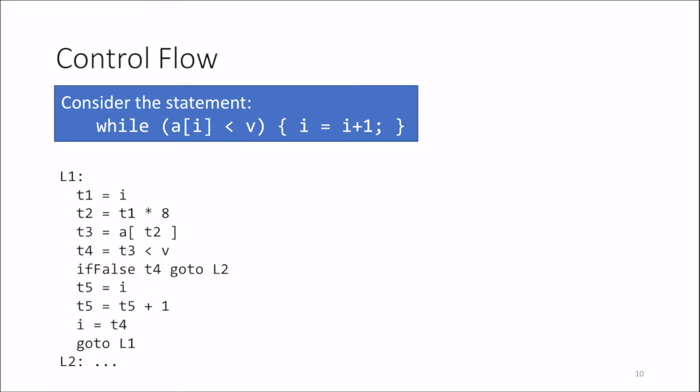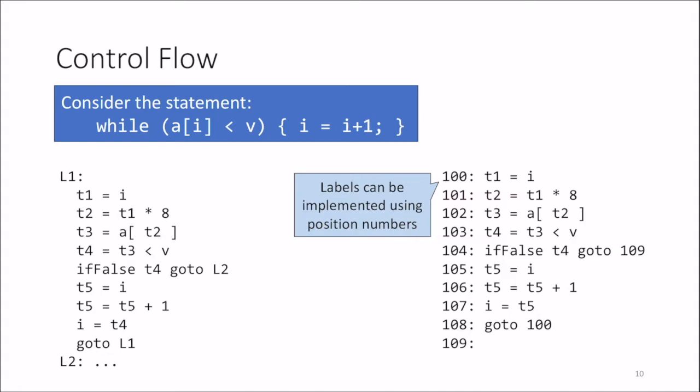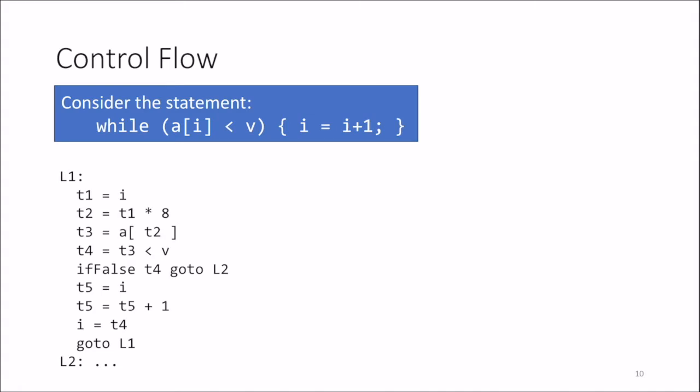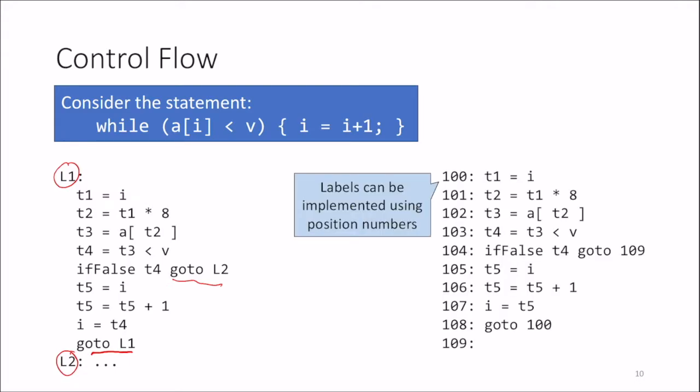Okay, so now that we have seen the sequence of instructions that you need in 3 address code, in terms of implementing 3 address code, here you can see that I have locations set up, which are the targets of these goto statements. The other way to do the goto statements is, instead of having named locations or labels, these labels are implemented using position numbers, because you can think of each of these instructions as laid out in memory one after the other.